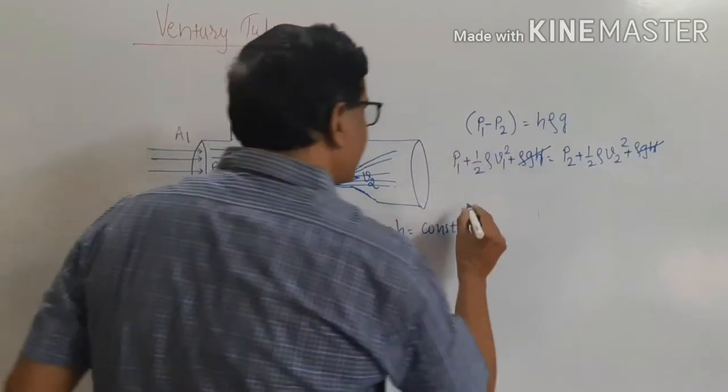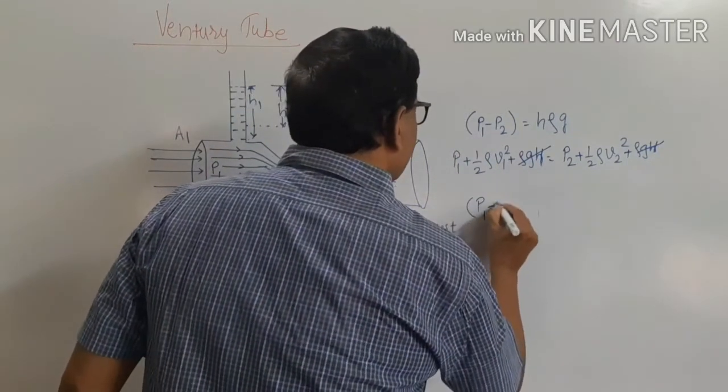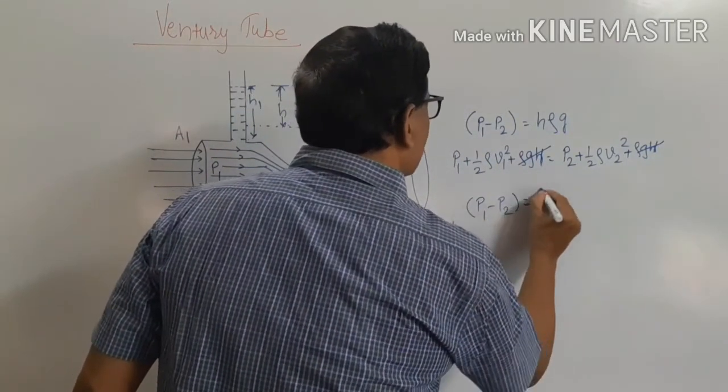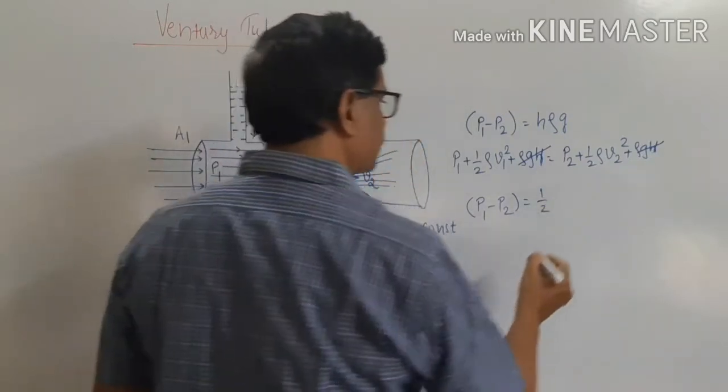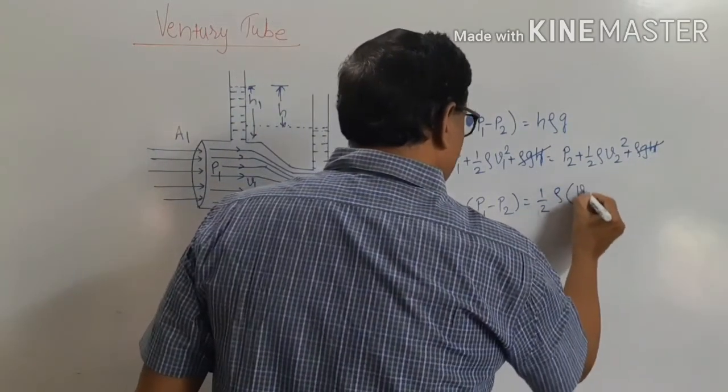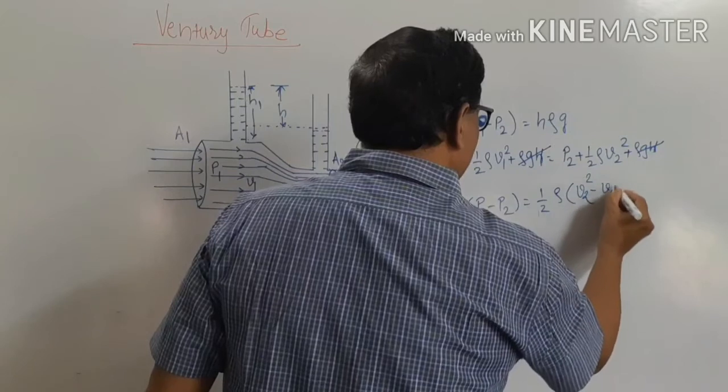From these two equations, I will write P1 minus P2 is equal to half of rho in the bracket V2 square minus V1 square.